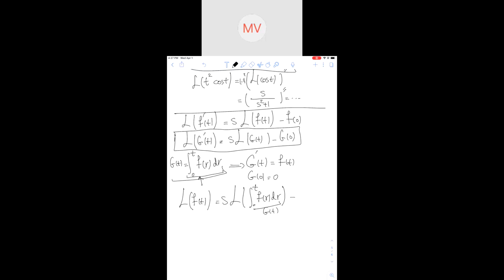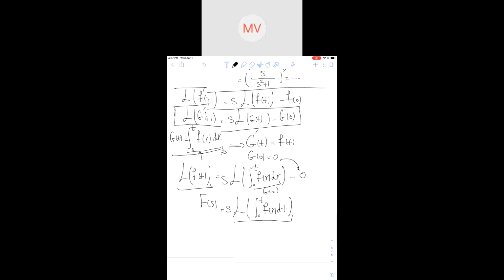Minus g of 0, and g of 0 is 0. Let's rewrite it. The left side we have a name for it. What did we name it? We call it F of s. So F of s equals s times Laplace of the integral of f.